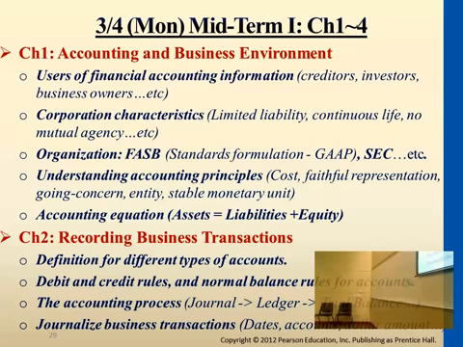Now in terms of each and every chapter's focus, some of the things that I did not list here on the bullet points, for example, in the first chapter related to ethical standards, or some of the organizations that I did not list here, you don't have to worry too much about it.